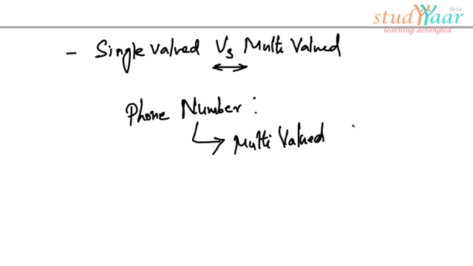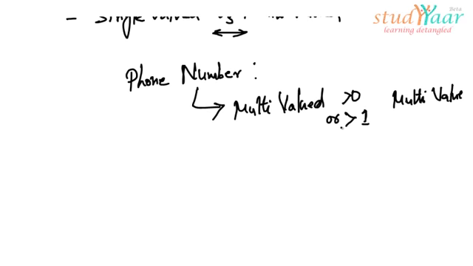It can be more than 0 or more than 1. In both the cases, it is called as multi-valued. It may happen that it doesn't have any value at all. There may be some person who lives on the street who doesn't even have a landline number, let alone a mobile number, right? So we're talking about greater than equal to 0.